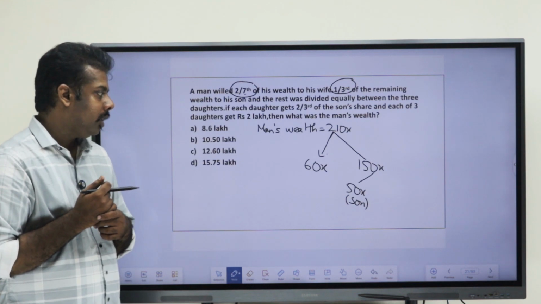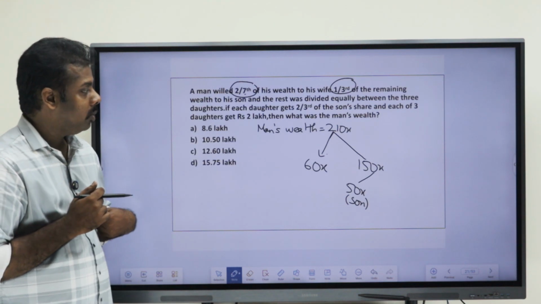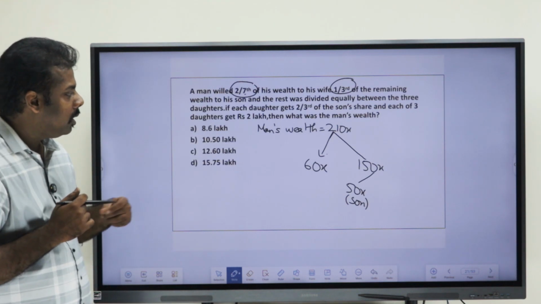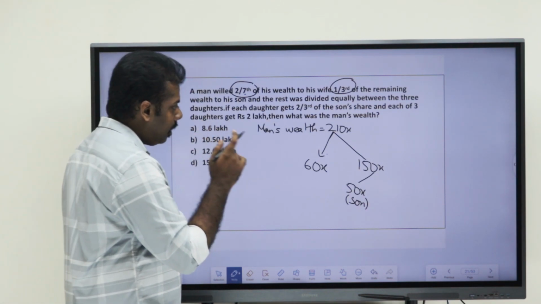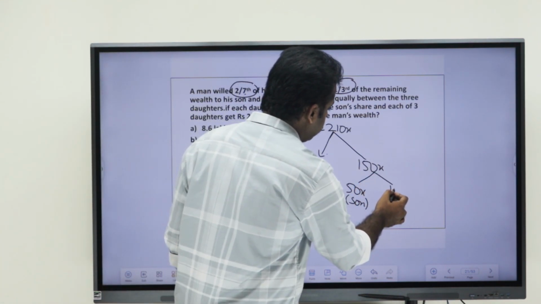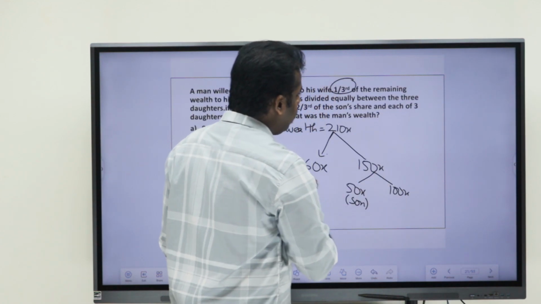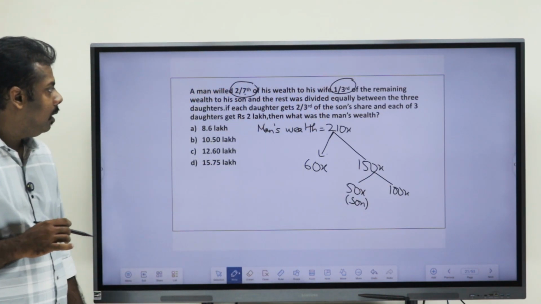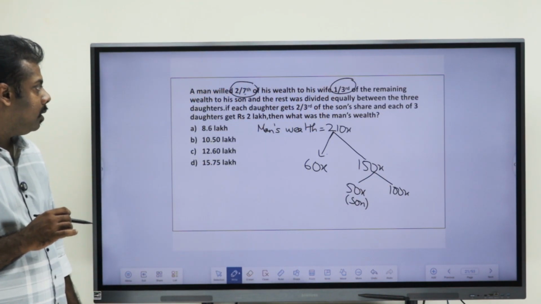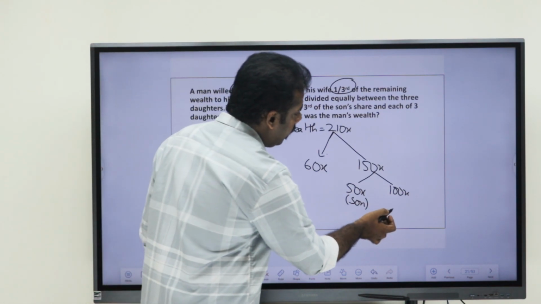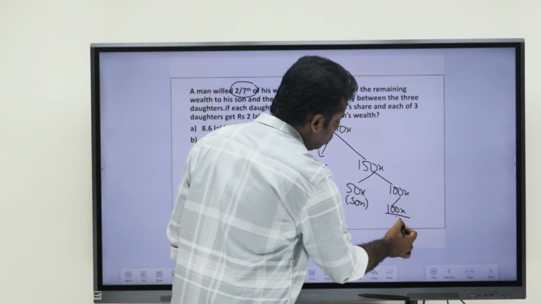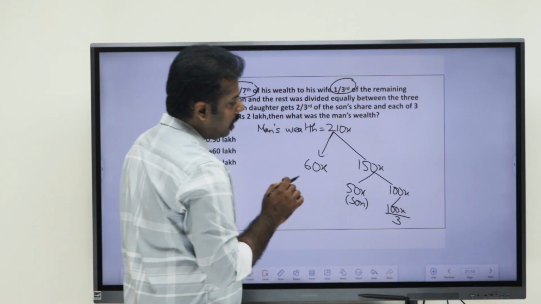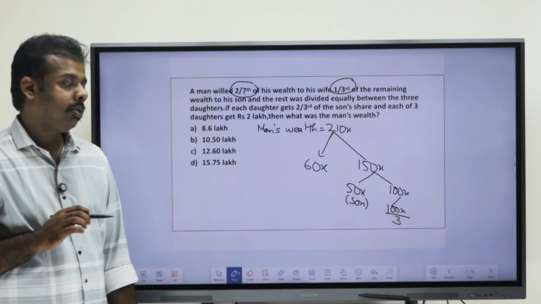Out of 150x, 50x is gone, so 100x is what is remaining. This 100x is being equally divided between the three daughters, so every daughter is going to get 100x by 3. That is also a point we have understood.